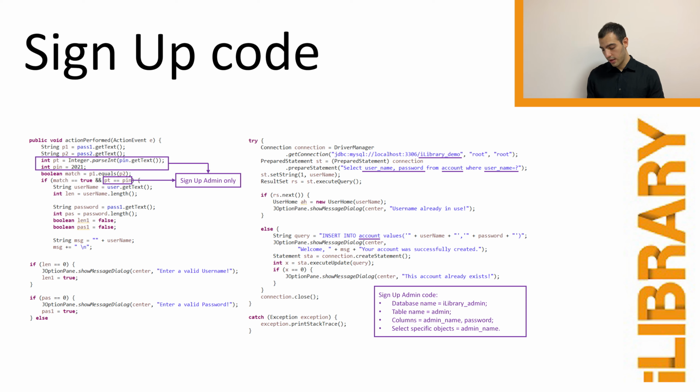And then the database name, the table name, the columns, and the selected specific object should be different, because in this specific code we are using the information of the user database.